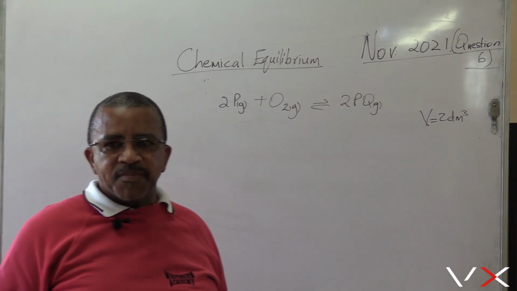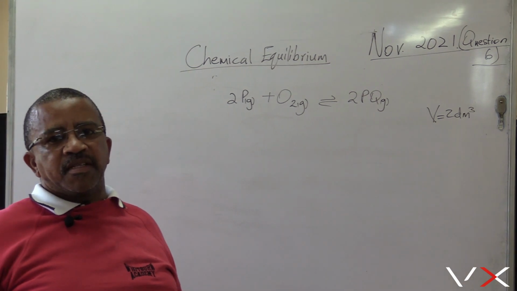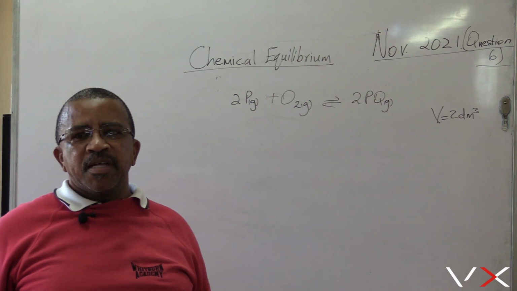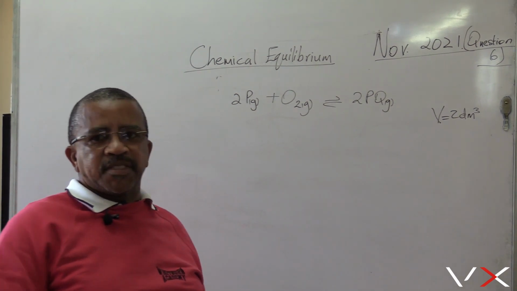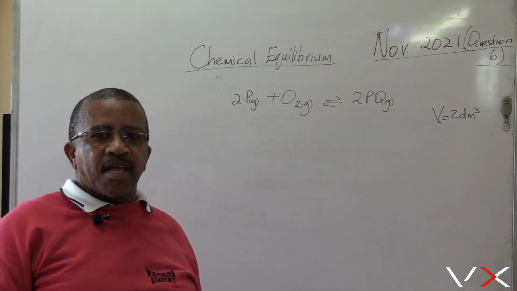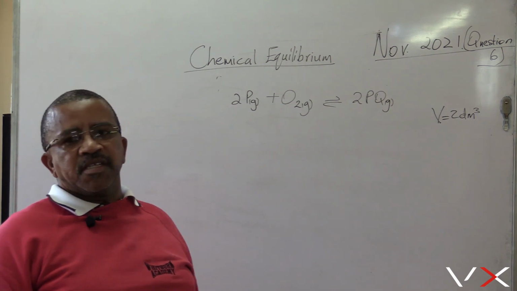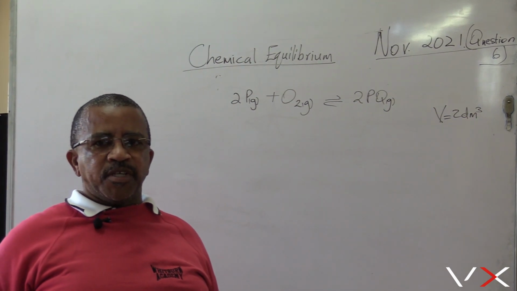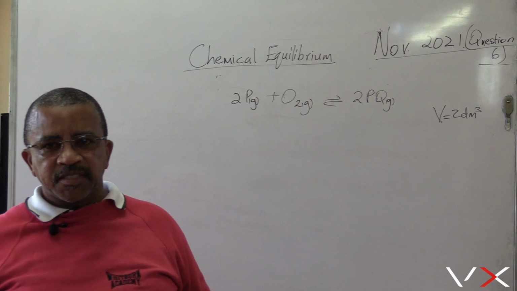A chemical equilibrium is a state where chemicals, after they have reacted, reach a state where the rate of forward is the same as the rate of reverse. Which means in a reversible reaction, a state is reached where the rate of the formation of products is the same as the formation of reactants.